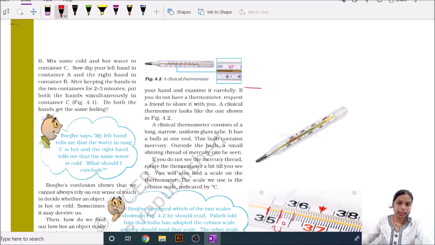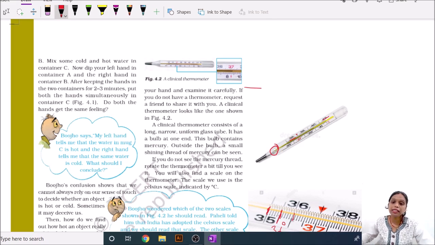Actually, a clinical thermometer is a long, narrow, uniform glass tube having one bulb, and this bulb contains mercury, and mercury shows the actual measurement of temperature. A kink that is present here prevents the mercury from falling on its own.